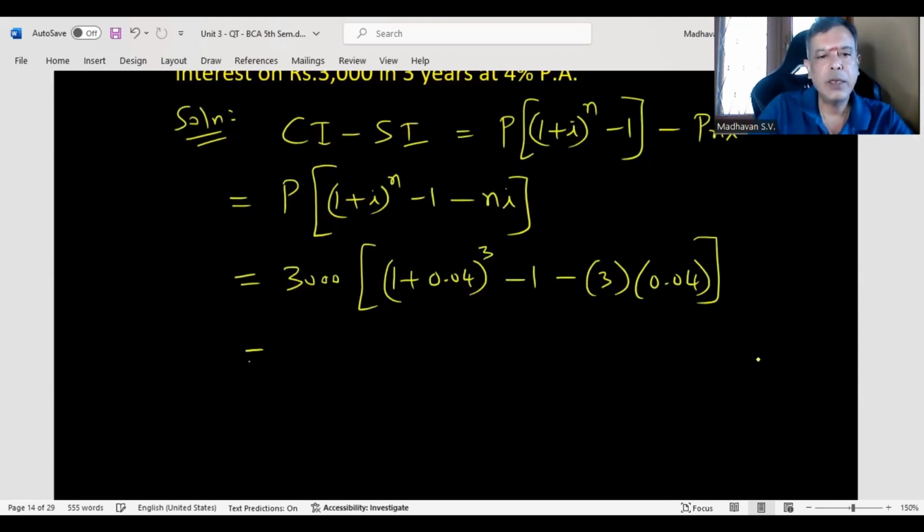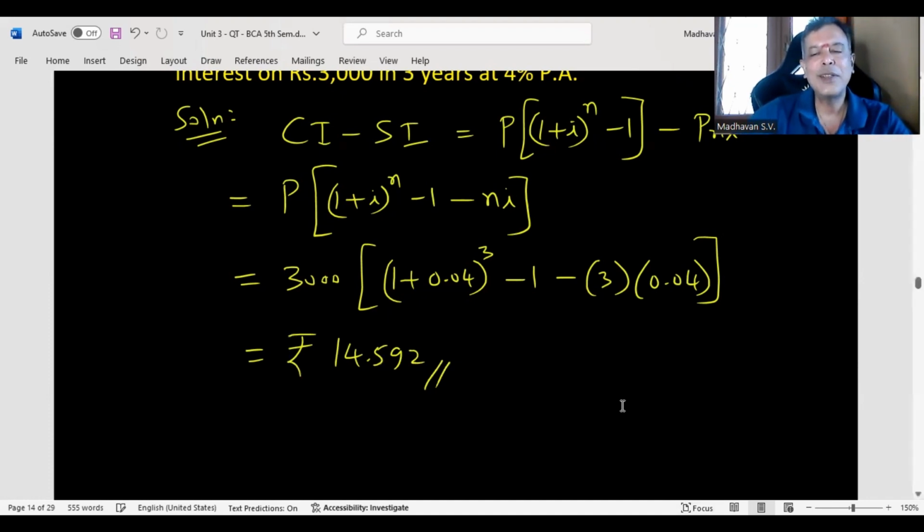So if we calculate this, first we calculate all this together inside the brackets and then finally multiply with 3,000, we will get the difference as rupees 14.592. That is the result for this. Let us move on to the next.